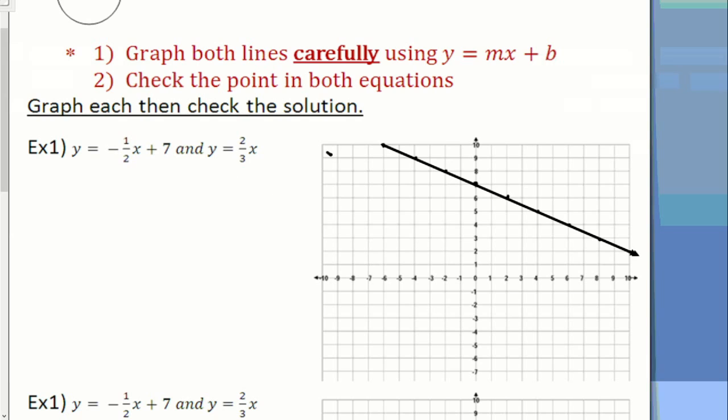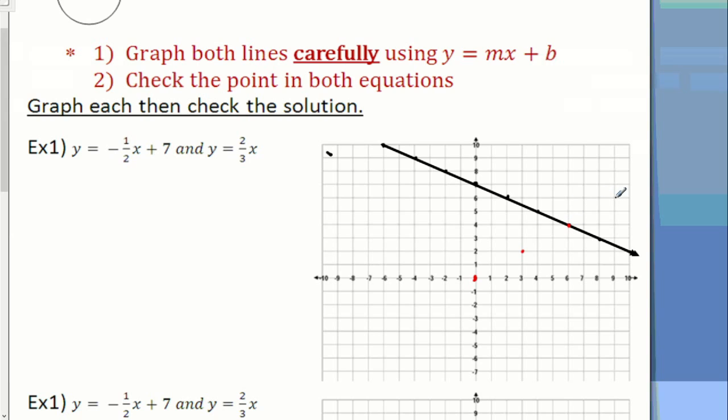Second equation, I'm going to do this in a different color so you can see it. I'll do it in red. Well, this is a direct variation because it's plus 0, right? So it must start at the origin. Right? And then what am I going to do? I'm going to go up 2, right 3. Dot there. Now what's cool about this is if you start following your slope, you'll usually cross the line and know exactly where they cross. But I'm just going to go ahead and finish this up.